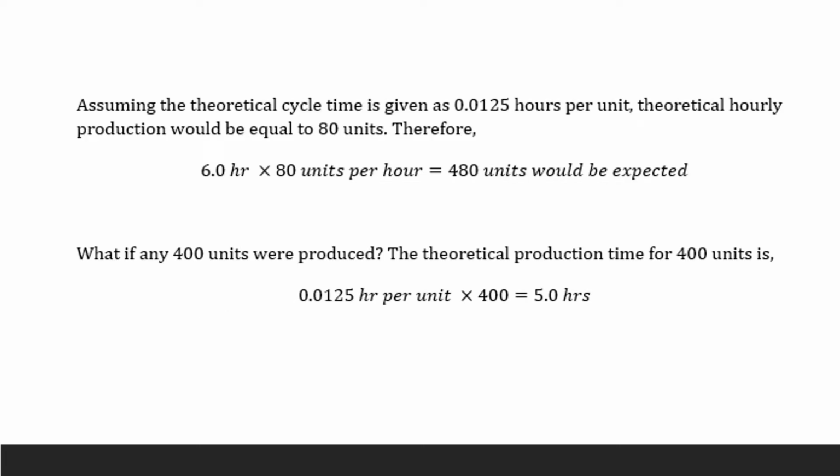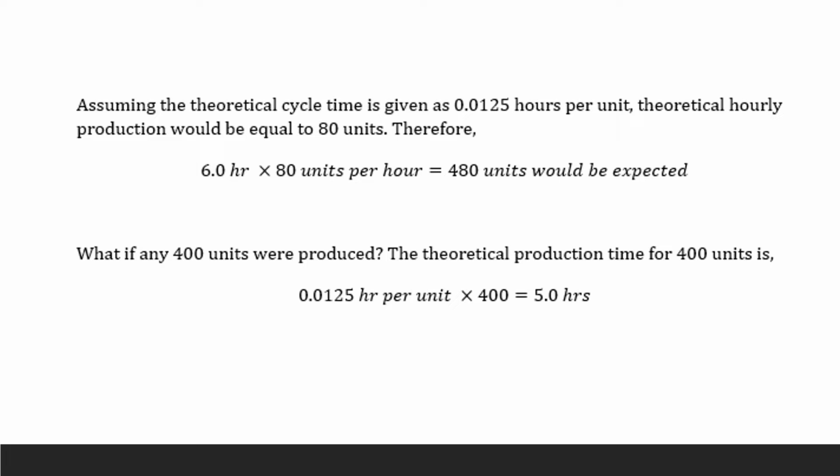If we assume the theoretical cycle time is 0.0125 hours per unit, theoretical hourly production would be equal to 80 units. So 6.0 hours times 80 units per hour is going to give you 480 units.